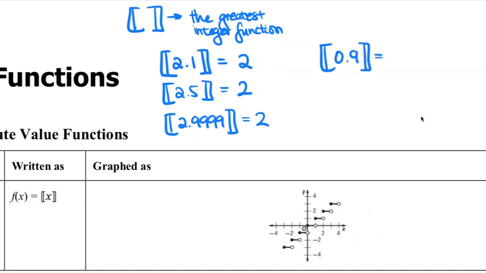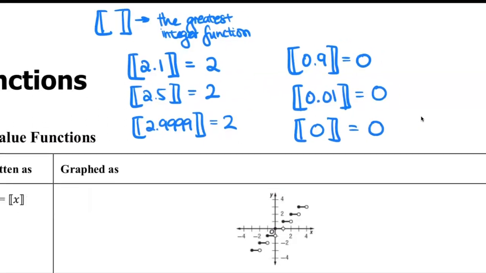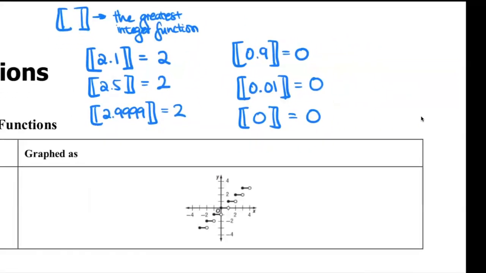All right, so closest integer without going over would be 0. 0.01. Closest integer without going over, 0. Even if it's an integer itself, you would just say closest without going over is actually just 0 itself. All right, the goal is not to go above.